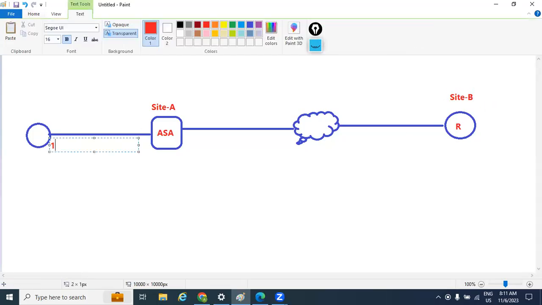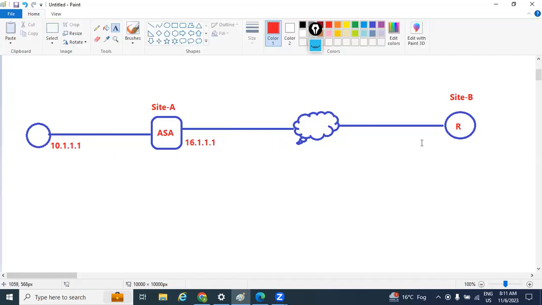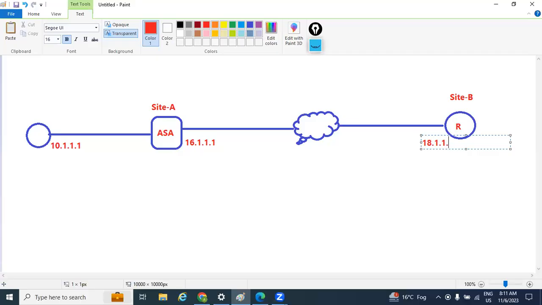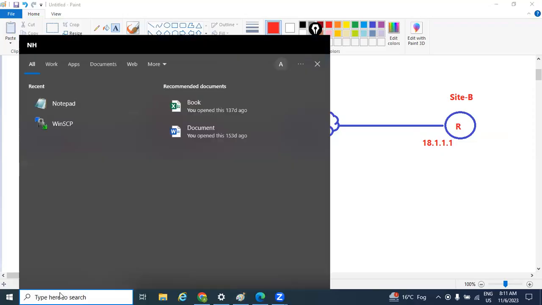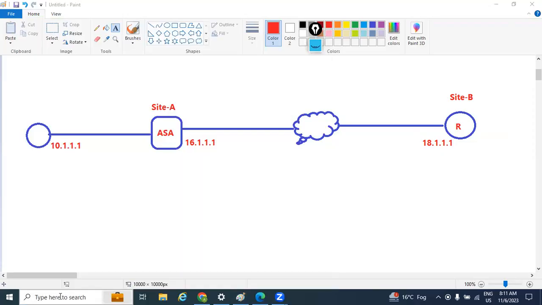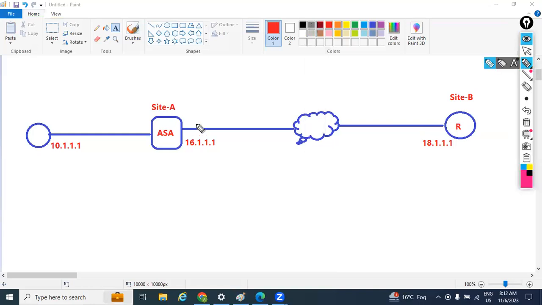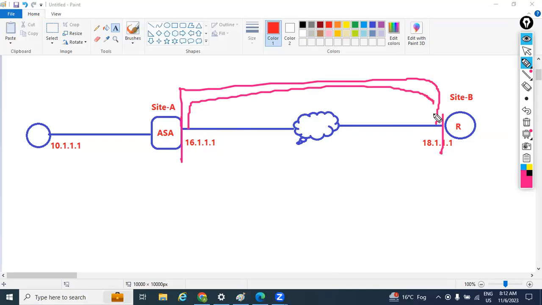Here the IP I'm using is 10.1.1.1. This IP I'm using here is 16.1.1.1, and consider I'm using here 18.1.1.1. Earlier, we used to configure our VPN between the public IPs, like this.